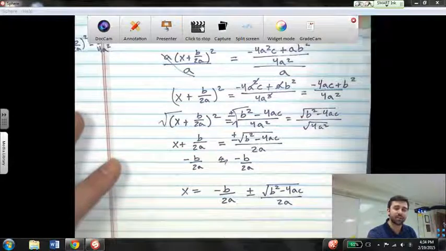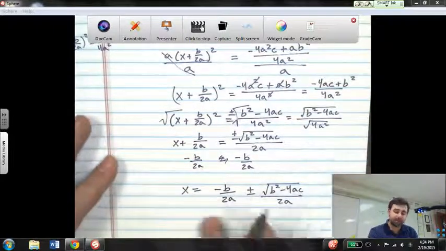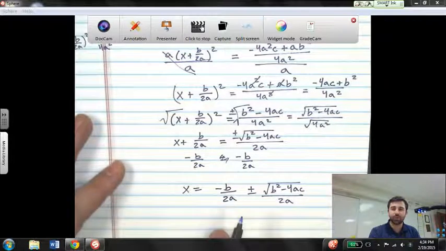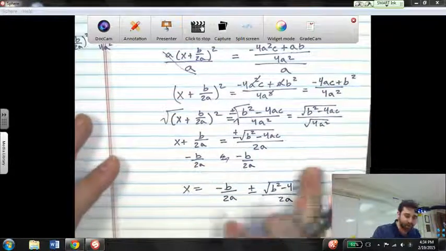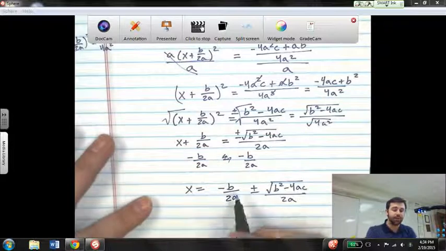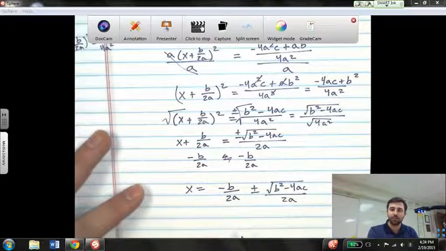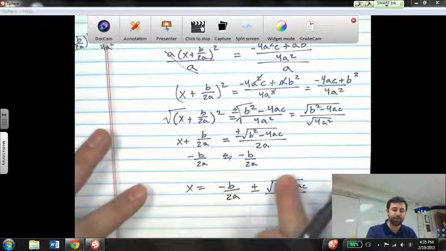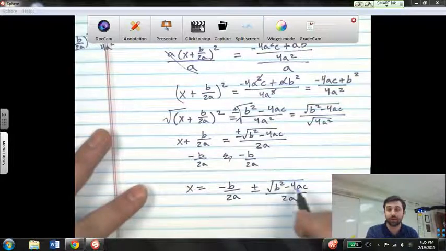So this entire process of completing the square has led us to a formula that you've already learned. The reason I have this split up is that when you have to simplify, you can easily see how to simplify both this first opposite b term and then the discriminant, or what's under the radical.